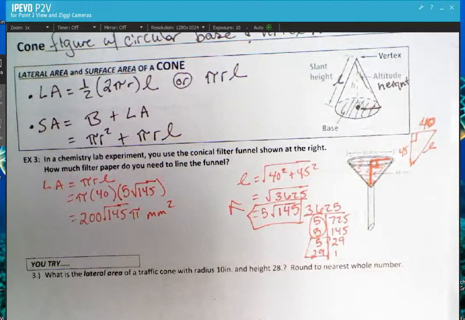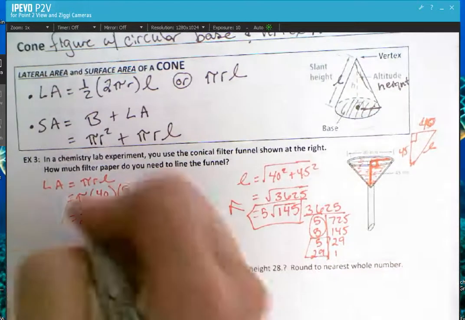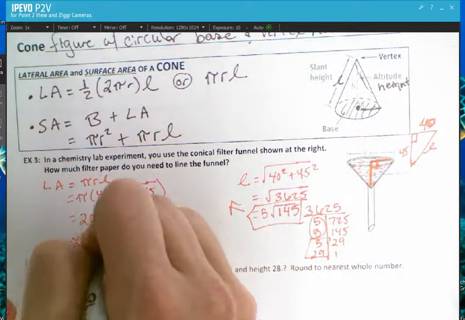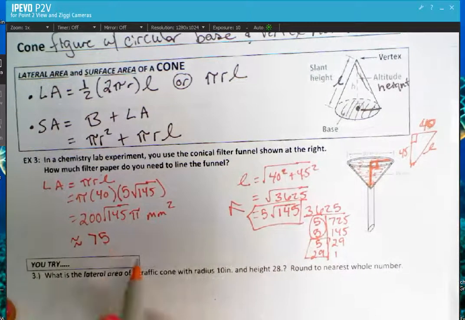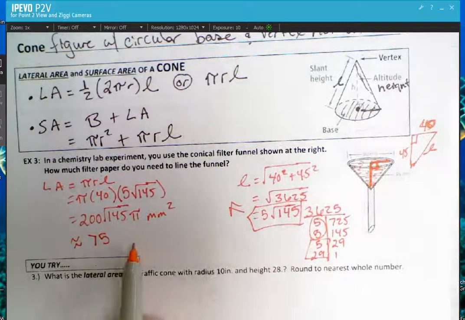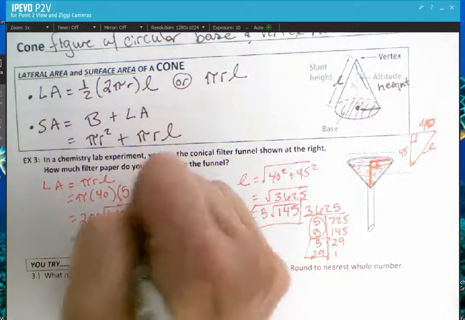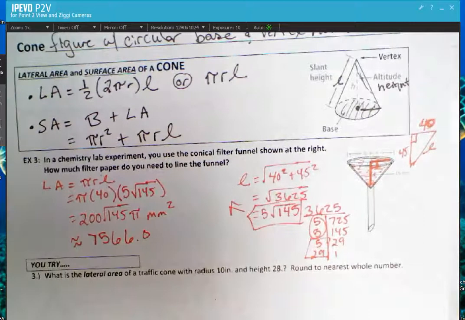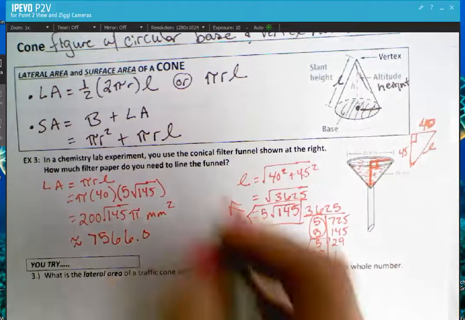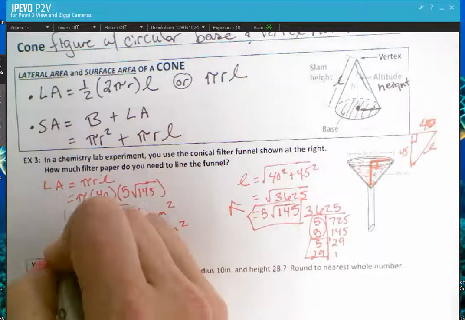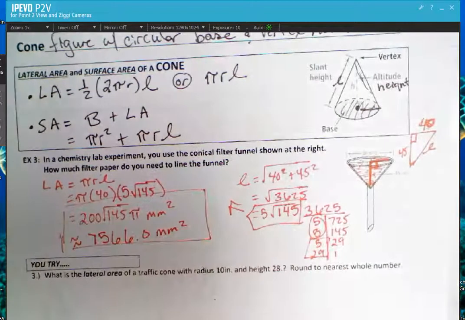That's my exact answer, which is approximately, in my calculator, watch your rounding on this, because if we round to the nearest tenth, you get 7565.9, something like that. Well, 9 is going to round up to 10, which means the 5 is going to round up to 6, so approximately 7,566 millimeters squared. So those are my 2 correct answers there.